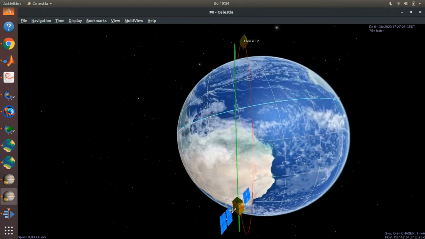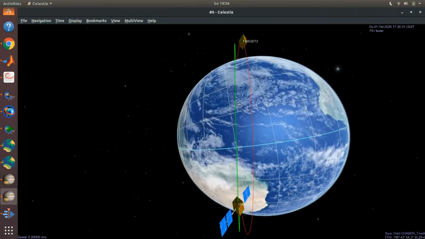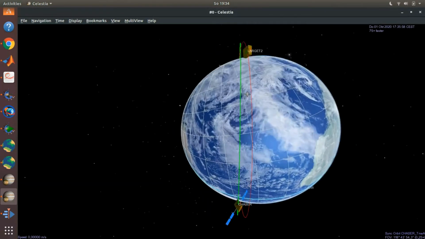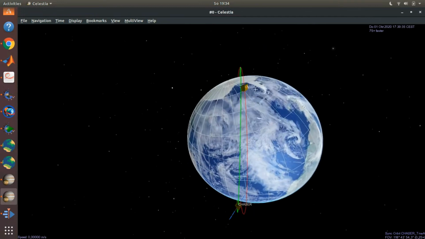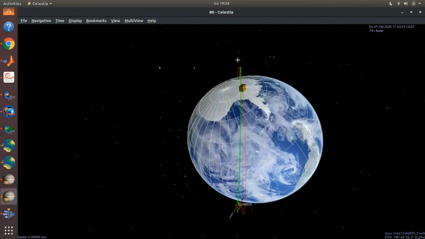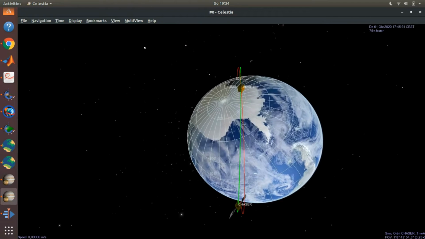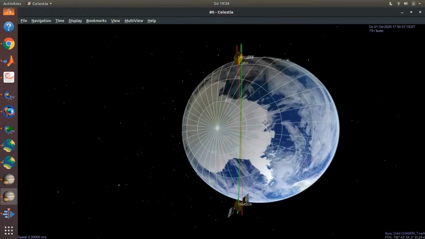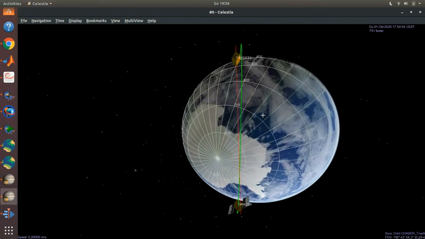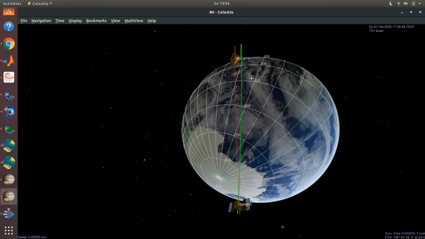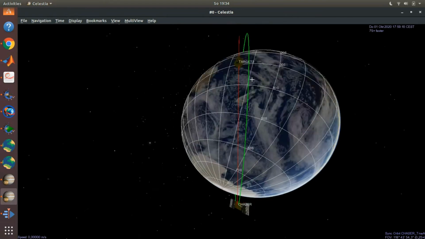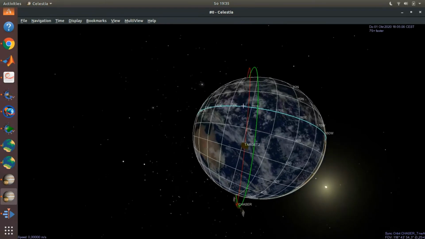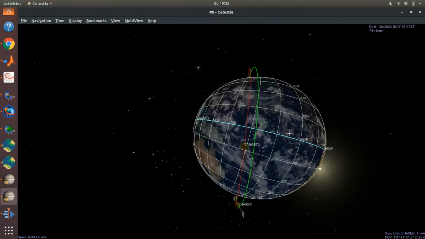Alright, here the chaser satellite has the green orbit, and the target satellite has the red orbit. Their orbits overlap near the poles. Here, this is the south pole, and the maximum separation between their orbits happens near the equator, or at the equator.